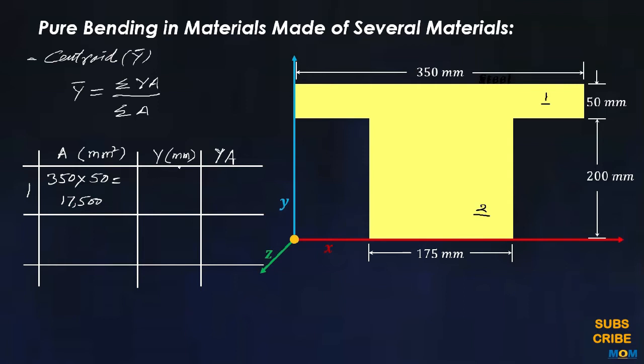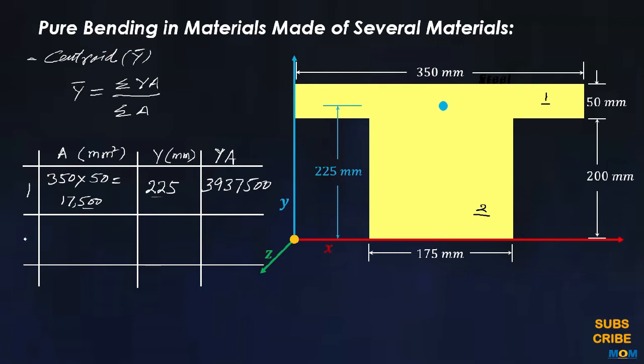The individual centroid for rectangle 1 is 225 millimeter, and the product is 3,937,500 after multiplying this term with the area.